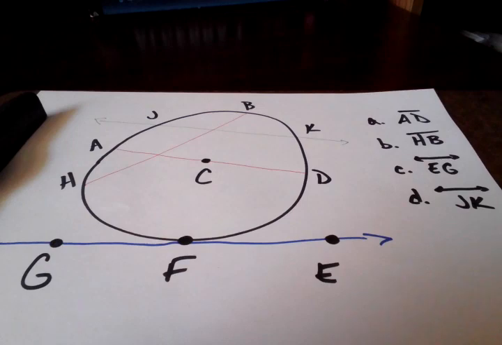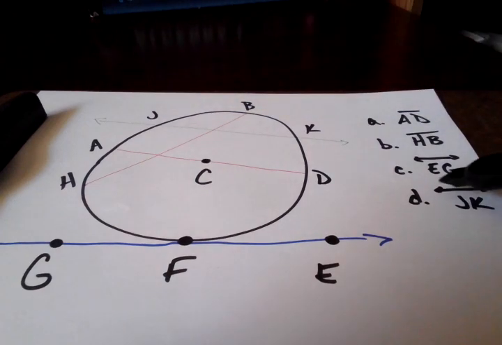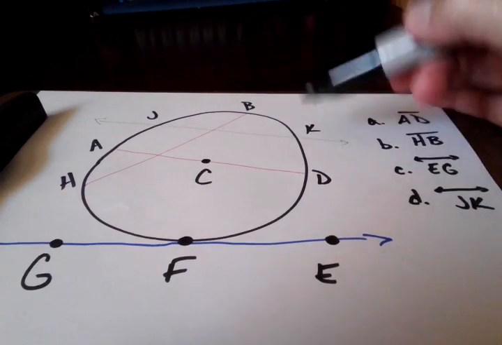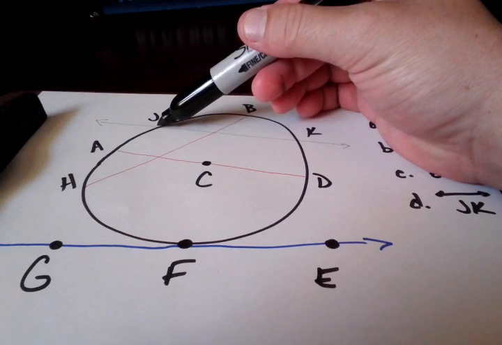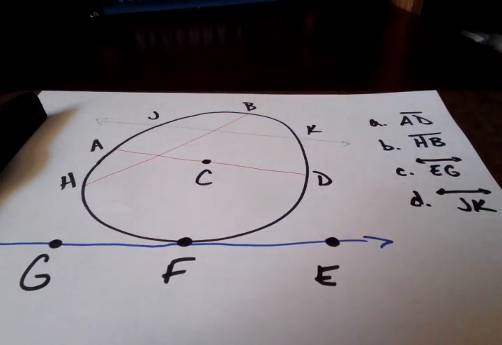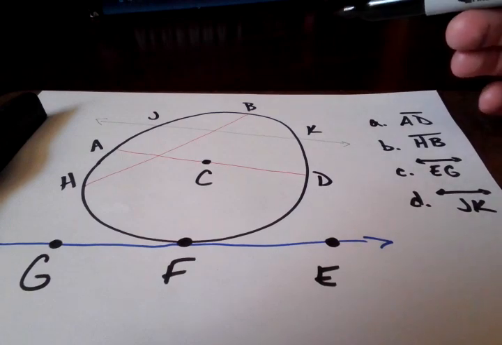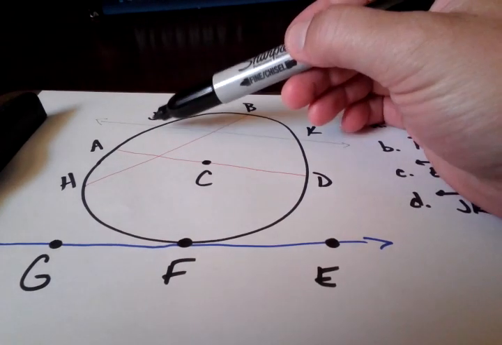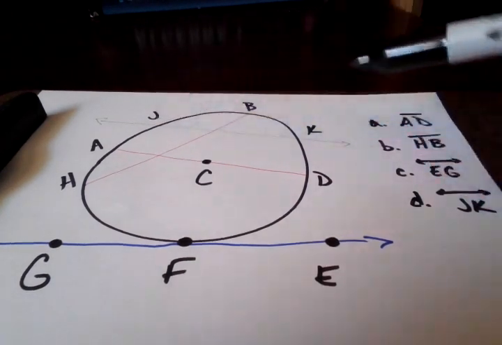Let's look at JK here, which is this green line. Again, it's a line because there are arrows on it. Even though it looks like it's starting and stopping at these points, it's not. It's going all the way through. So what type of line goes through a circle and touches it twice?